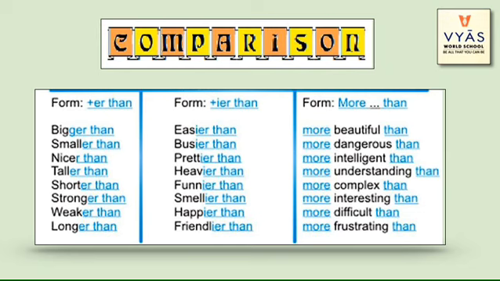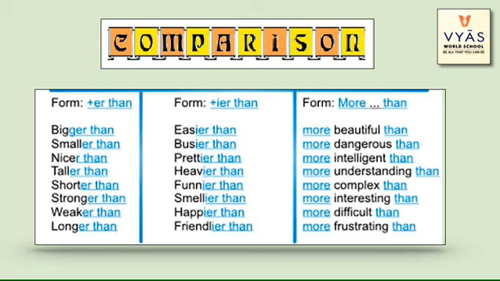And the third thing that we have studied so far is that for the long adjectives, we place the word more before them. More beautiful, and then than is going to come as it is. More dangerous than, more intelligent than, more understanding than, and so on.